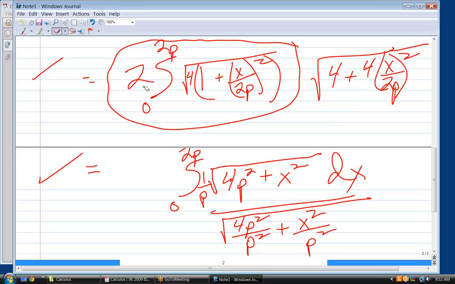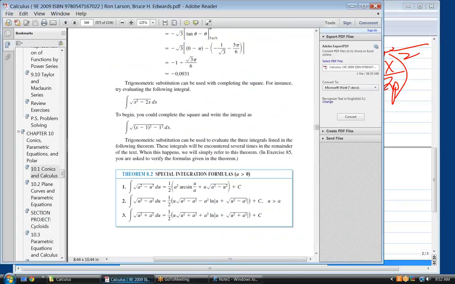They took this 2 that came from the symmetry of the parabola and put it inside the radical sign so that they could somehow come up with one of these situations over here.